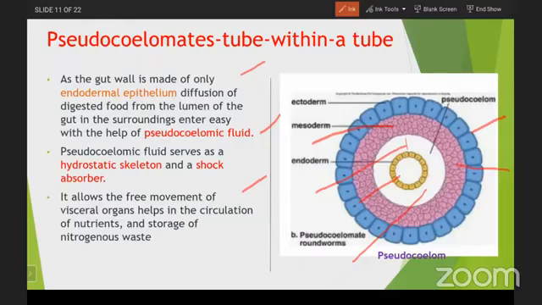So it is giving some help, and that is the reason it is called the hydrostatic skeleton. The term hydro always means water, the fluid, and it is a shock absorber. So these are the benefits of the pseudocoelomates with the help of the pseudocoelomic feature.